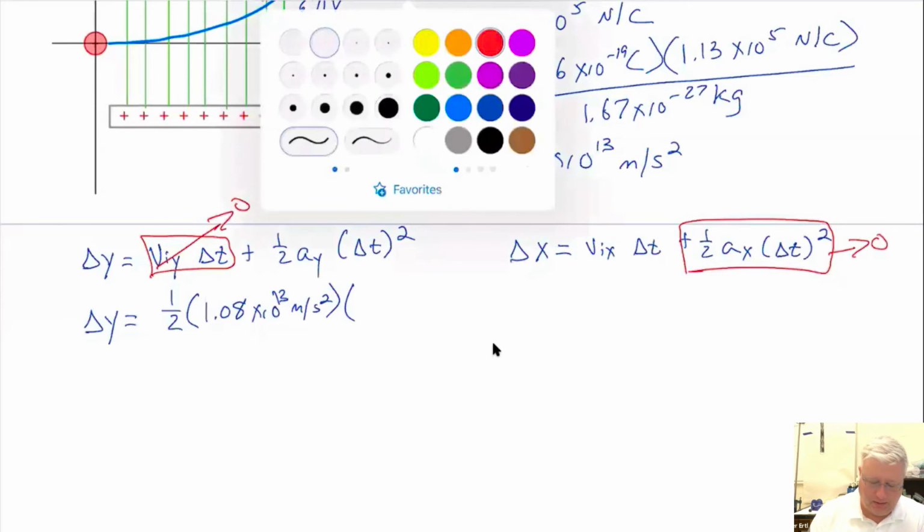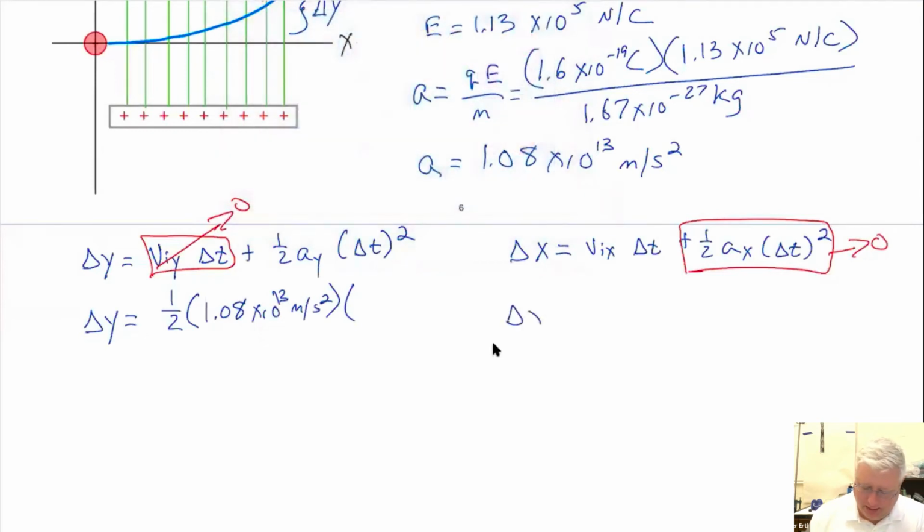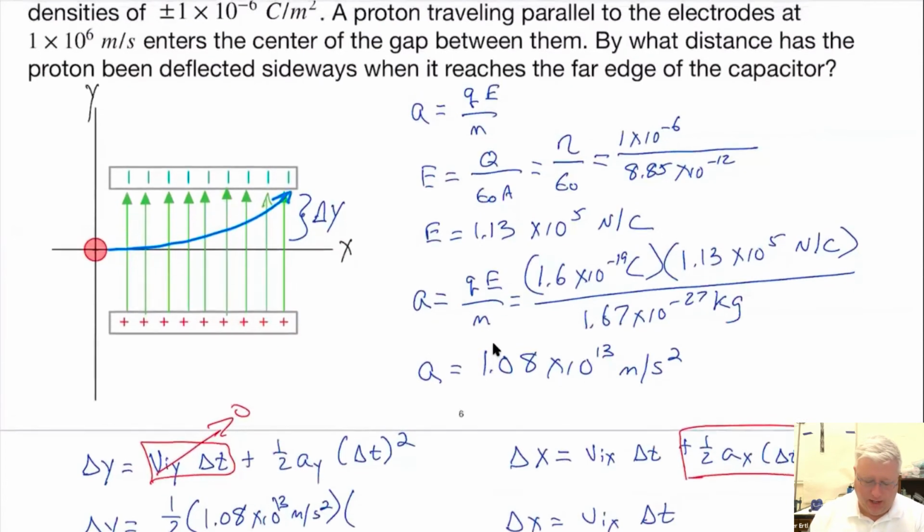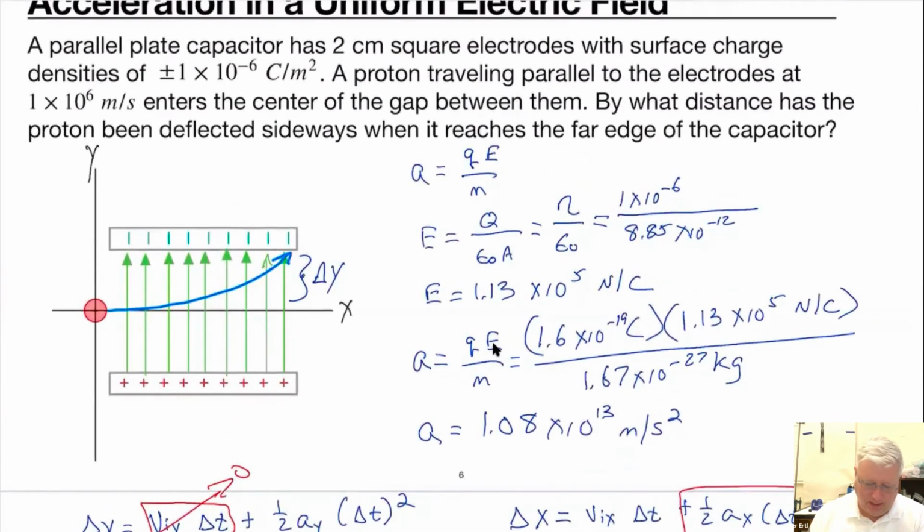So what we're left with is delta x is Vix delta t, and we're looking for delta t. Delta t is delta x over the initial velocity in the x direction. So what's its x displacement? It moves through the parallel plate capacitor, which has an area of 2 centimeters by 2 centimeters, so the x distance it travels is 2 centimeters.